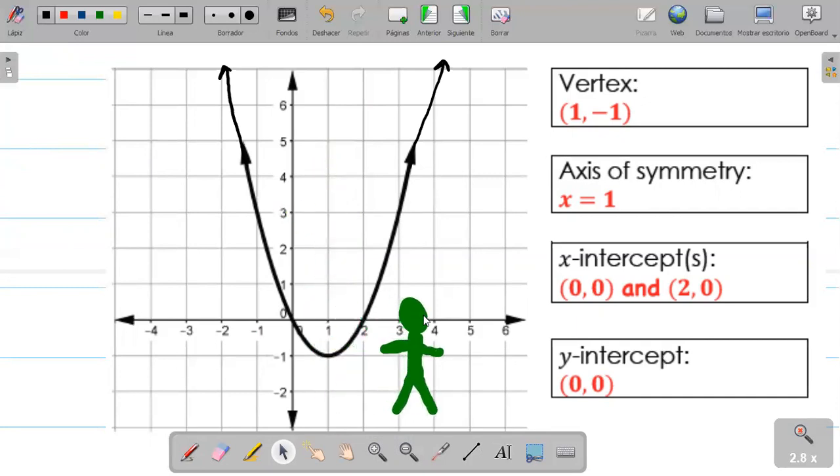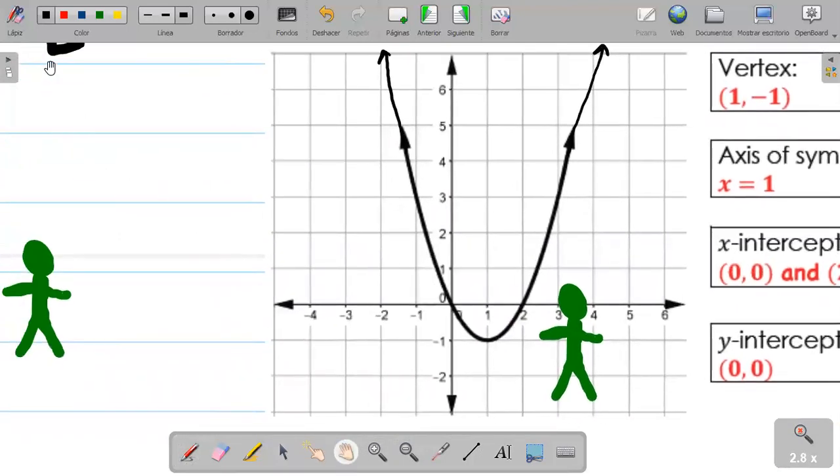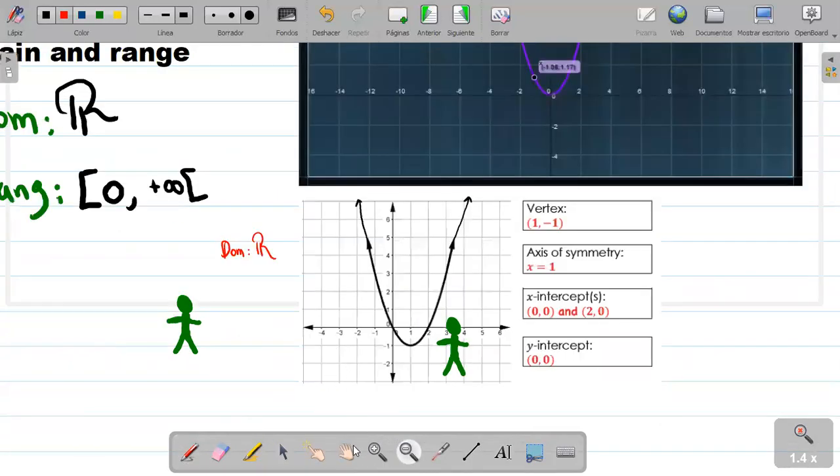So what happened with the real numbers, with the domain? The domains are in the real numbers. So pretty easy, the idea of domain and range. So domain, real numbers, and that's something common that happened in this exercise. This is like a generalization.